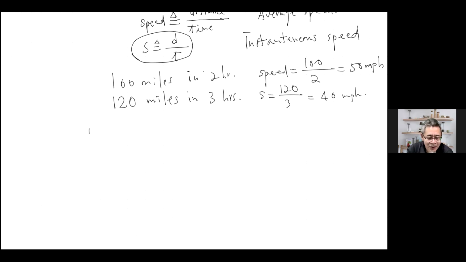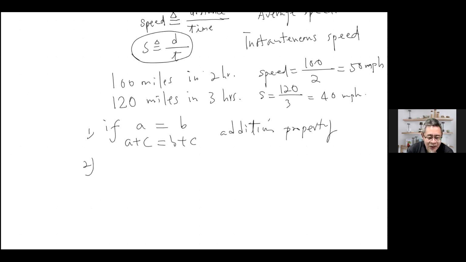One is if A equals B, then A plus C equals B plus C. This is called the addition property. The next one is if A equals B, then A times C equals B times C. This we call the multiplication property.